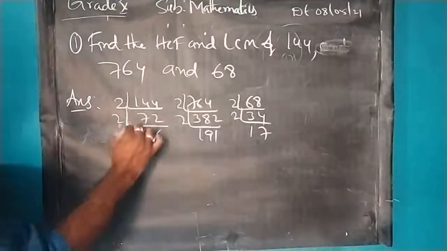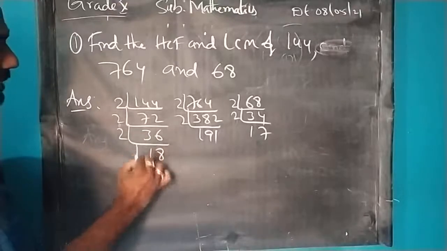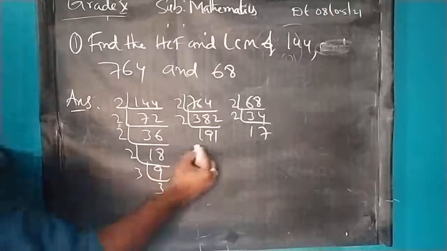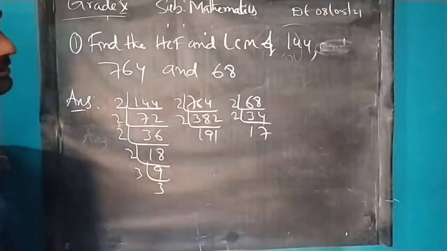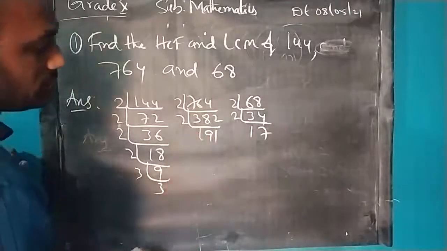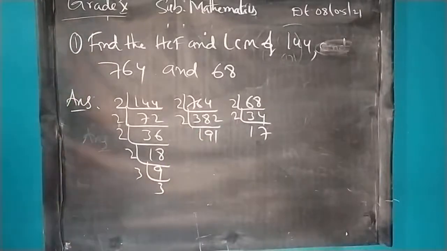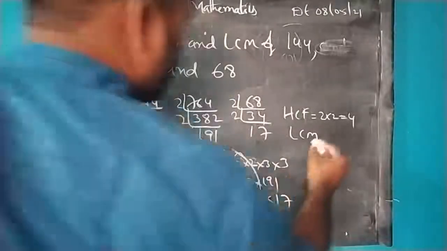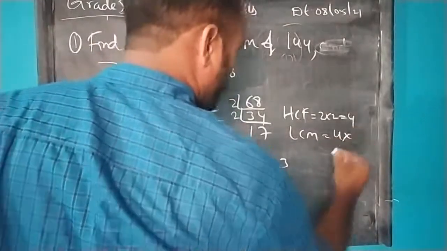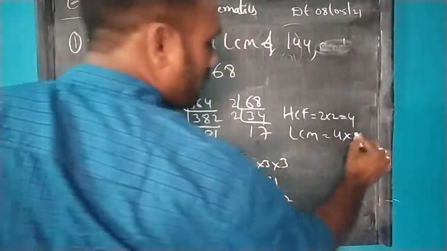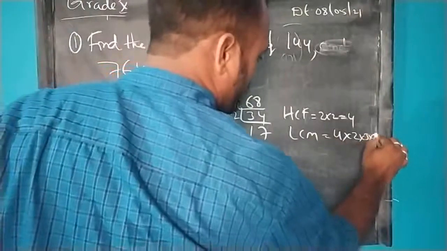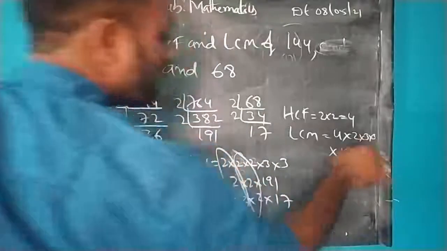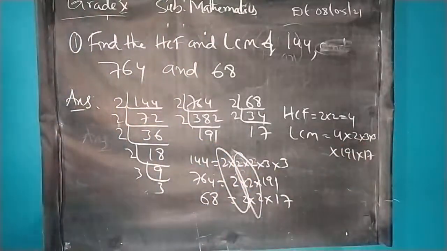In this we have to go with again the 2 table, 2 18s, 2 9s, 3 3s. So here 191. Now LCM will be the HCF answer 4 into the remaining numbers here: 2 into 3 into 3 into 191 into 17. So if you multiply all these numbers, you will get the LCM answer.